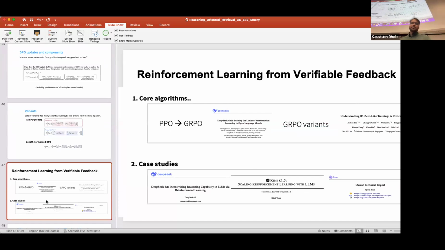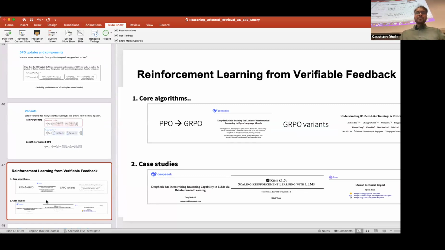So now we come to the more interesting part of this lecture, called reinforcement learning from verifiable rewards. And here the algorithm of GRPO is not very different from PPO.